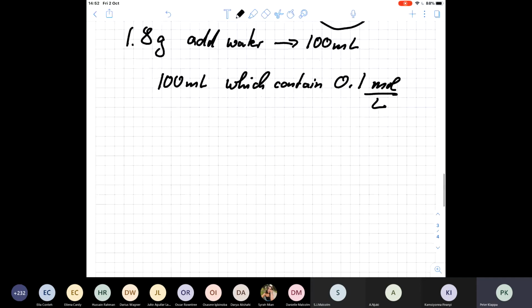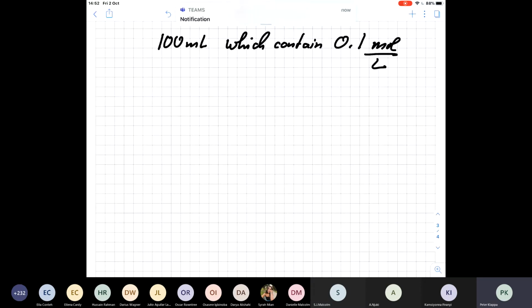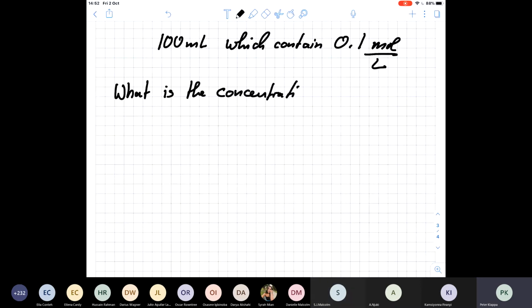And I've got another question for you guys. What is the concentration of water?